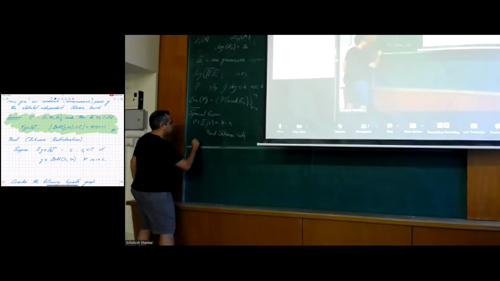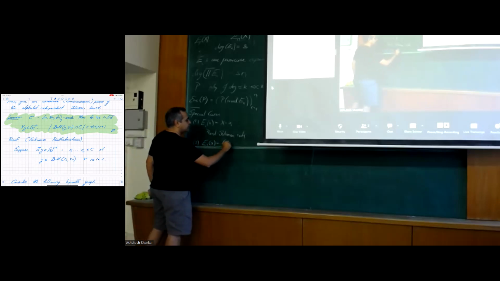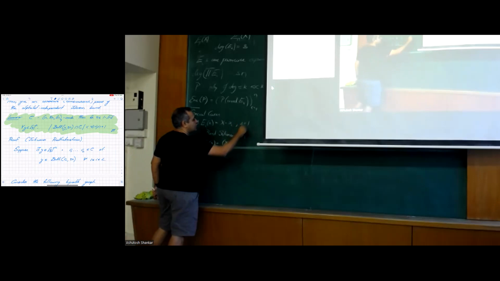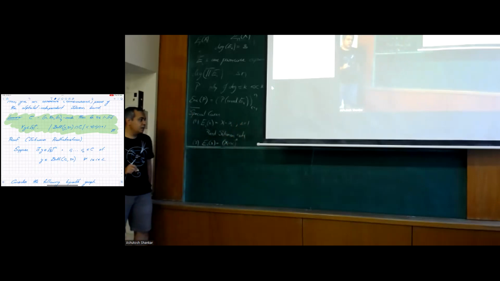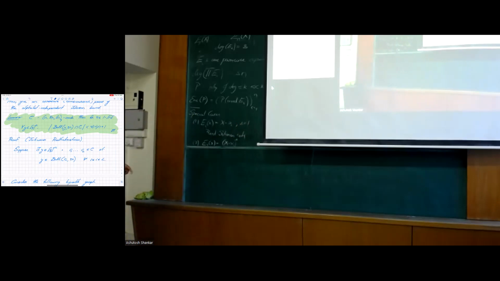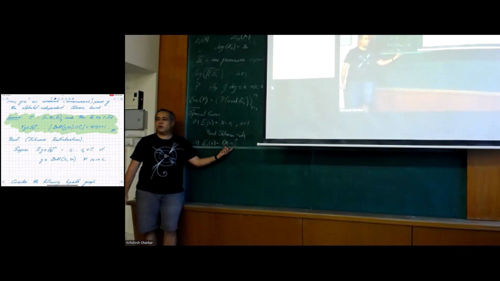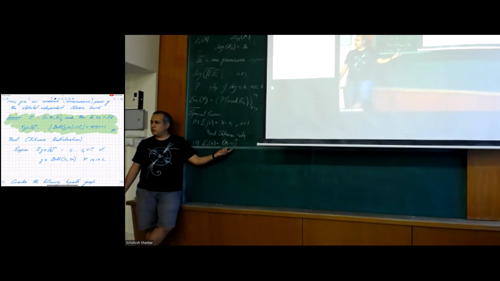Another special case is when Ei(x) is x minus alpha i to the power s. Here, what are you giving? You are giving P mod this one, but that's equivalent to giving the first s derivatives.